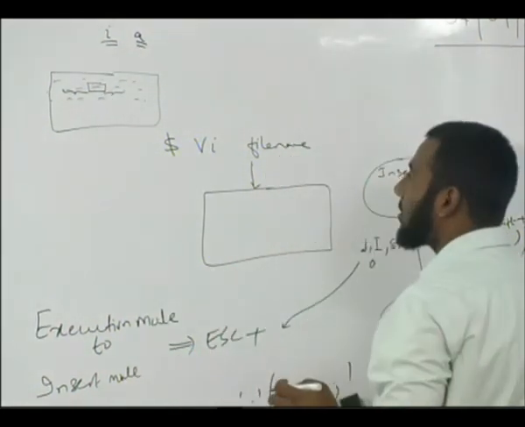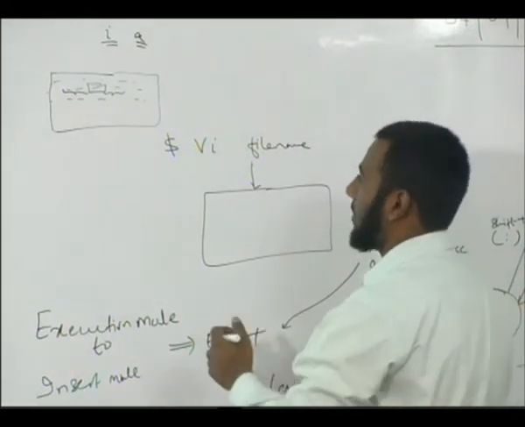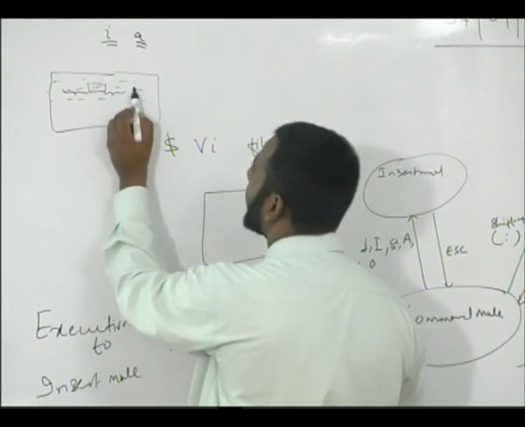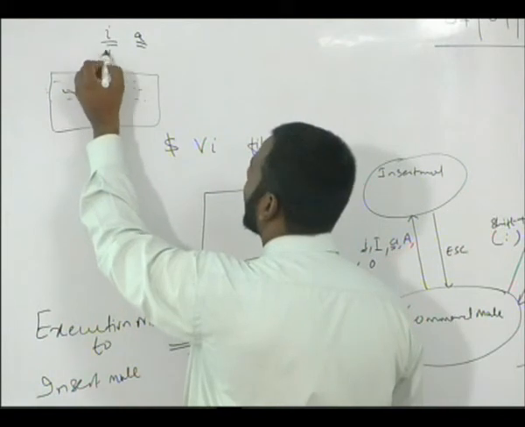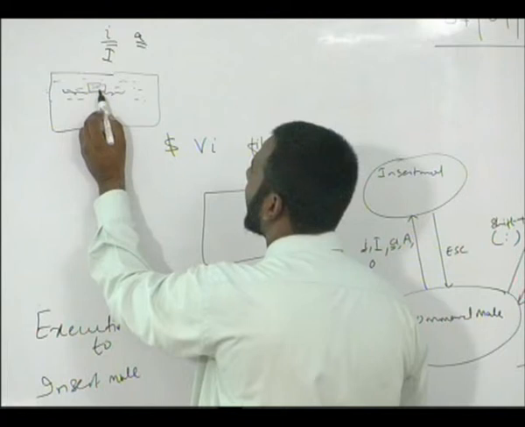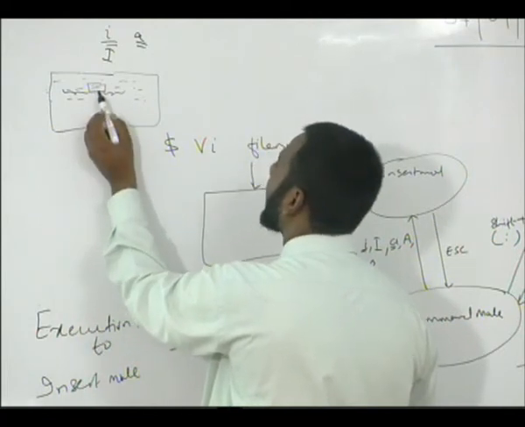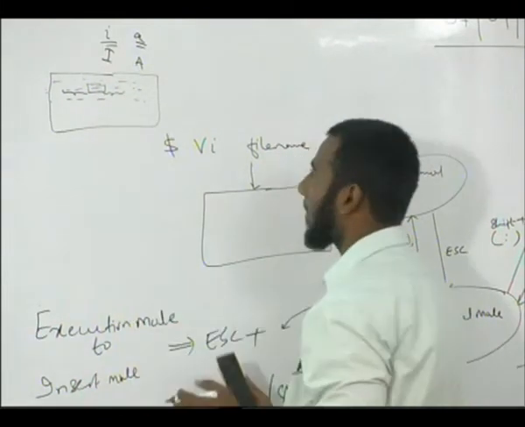But if I am interested in inserting text at the beginning of a line, irrespective of whether my cursor is here, here or here, then we'll use capital I. If I want to append a few characters at the end of the line, then we'll use capital A.